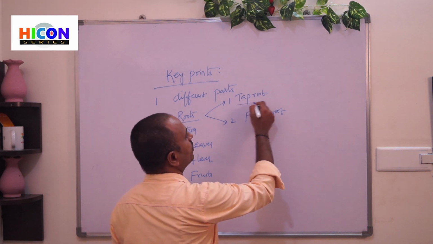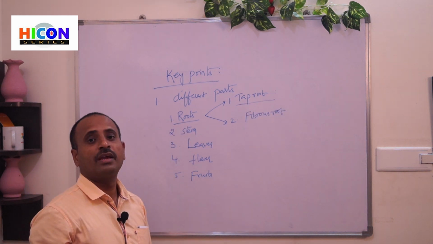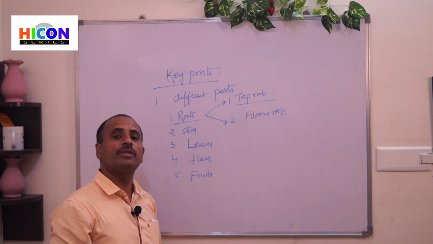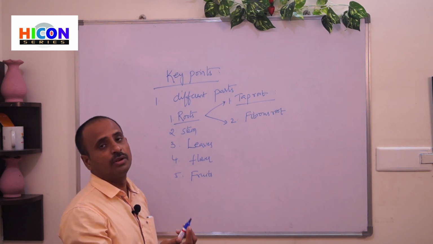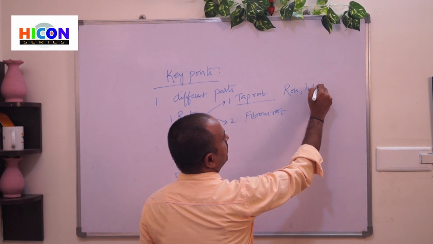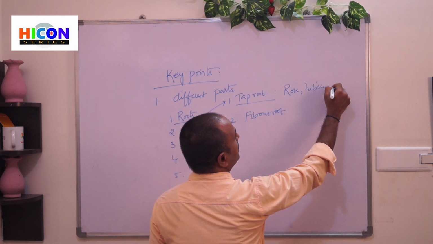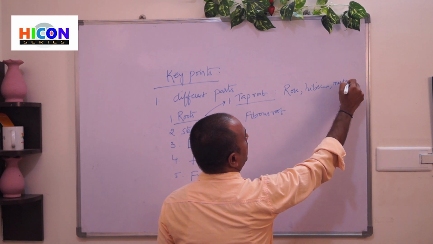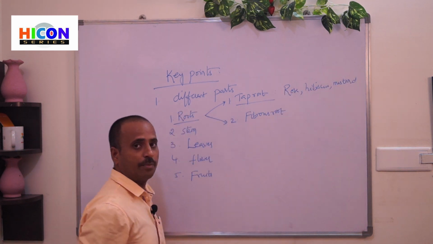In tap root there will be a main root and other thin roots will grow from the main root. Examples: rose, hibiscus and mustard. These are plant examples for the tap roots.